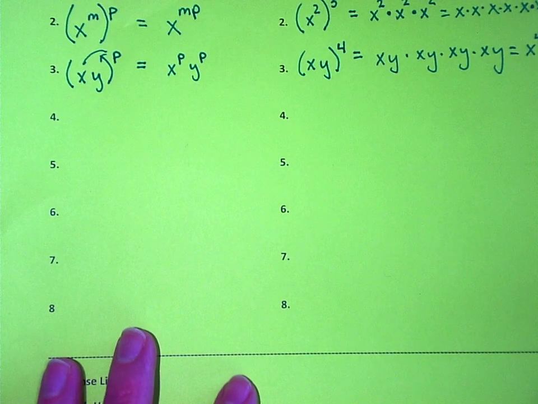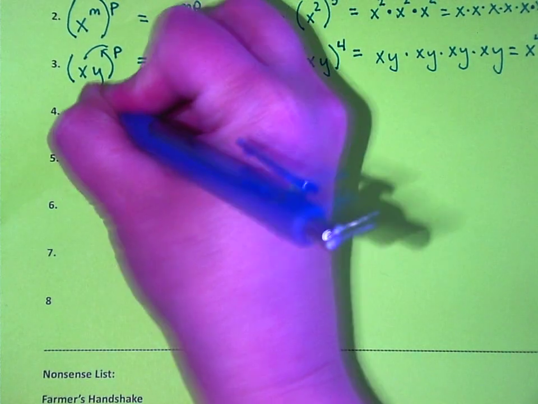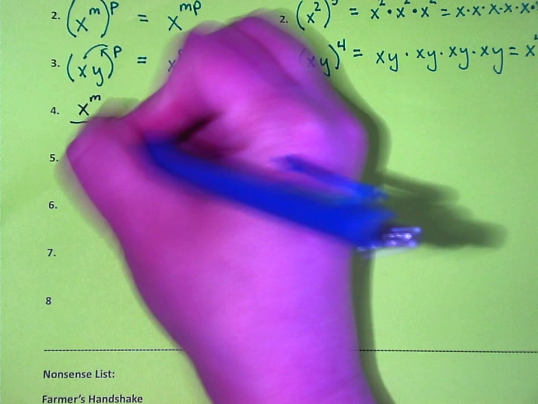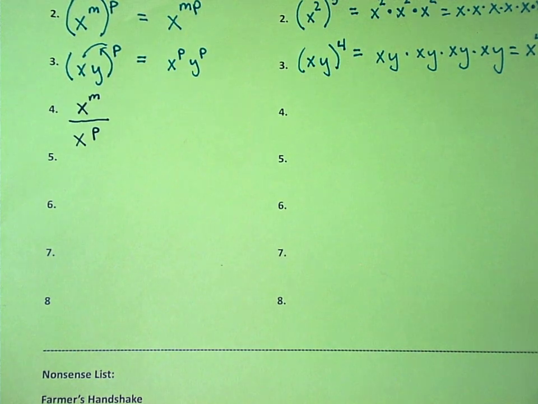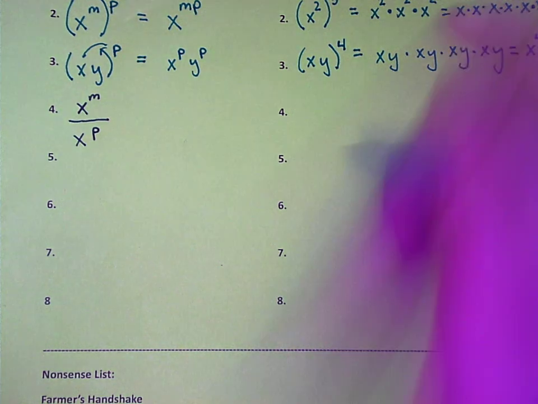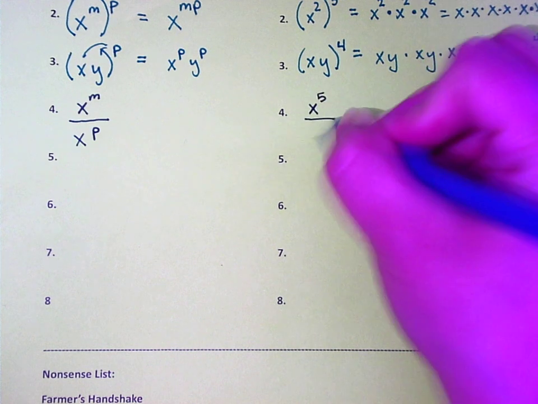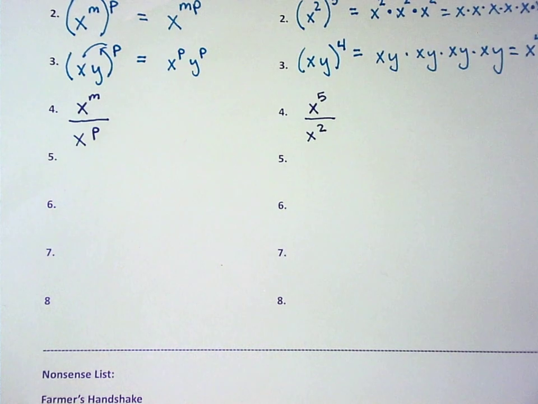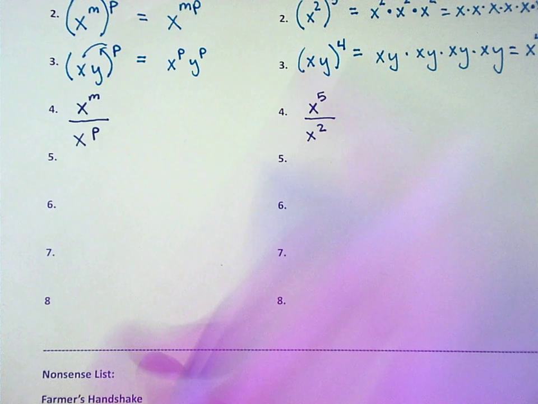The first rule we're going to do is x to the m over x to the p. Let's suppose you had x to the 5th over x squared.